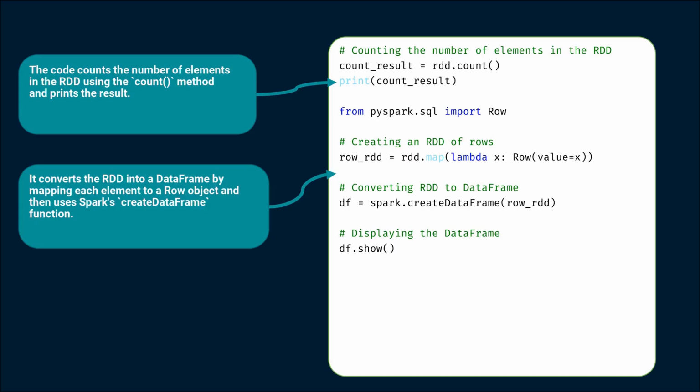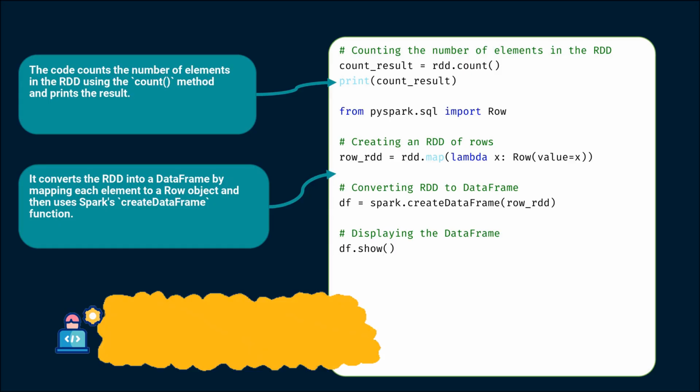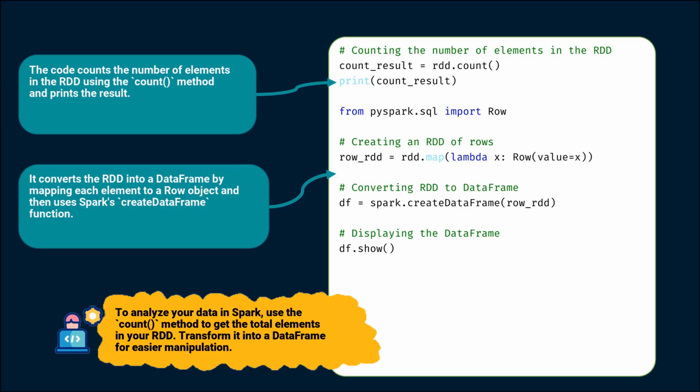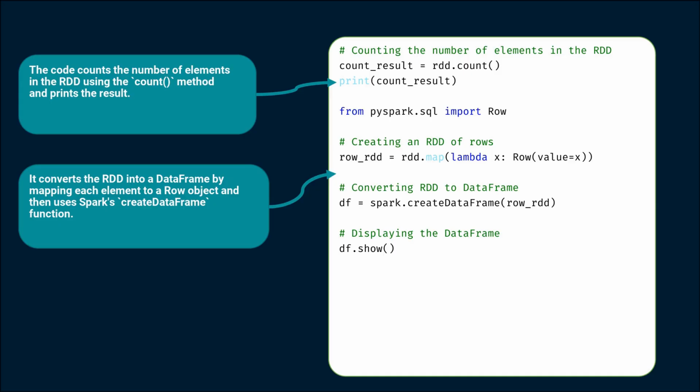Next, we will write a bit more advanced code to transform our RDD into a data frame. To do this, we first create an RDD of rows by mapping each element of the original RDD to a row object. This process structures the data more effectively and prepares it for data frame conversion. After creating this row RDD, we use the createDataFrame function to construct our data frame from the row RDD.